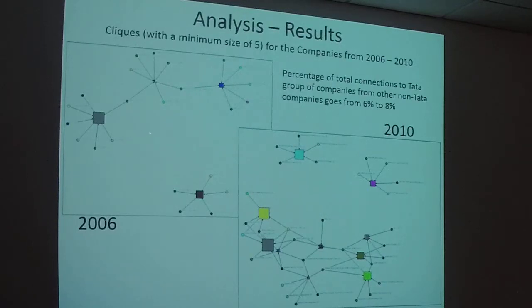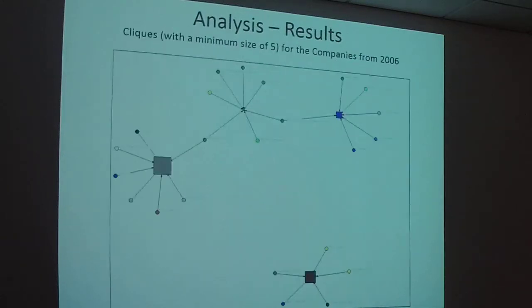So looking at cliques, just minimum size of 5 for the companies, and I'll have a more zoomed in picture, but you can see in 2006 there are fewer cliques, and in 2010 you have a much larger meta clique, if you will. And I'll have the detailed picture of it.